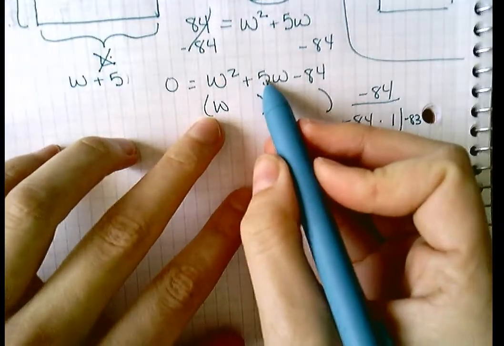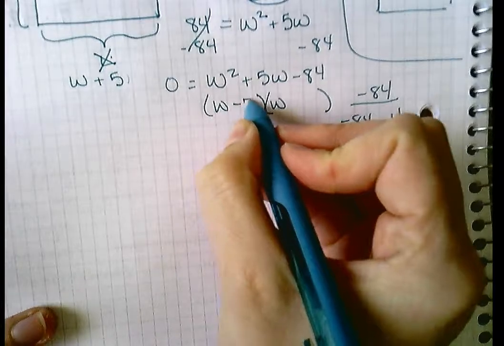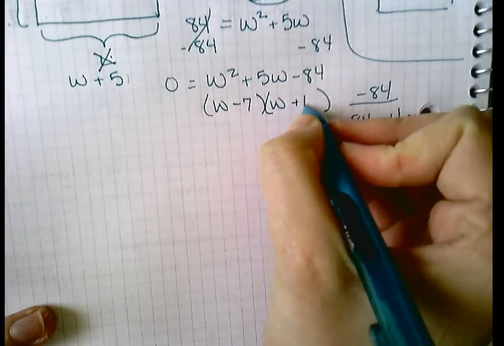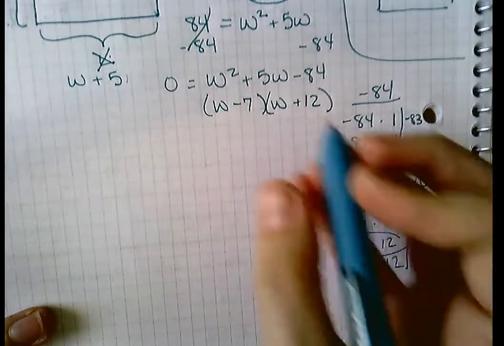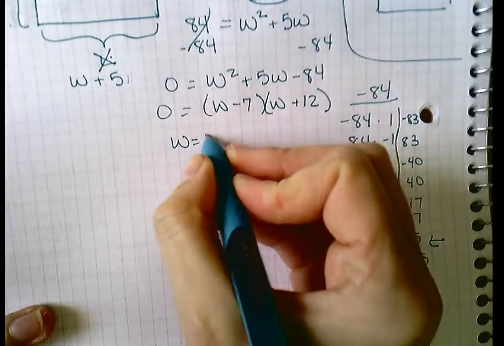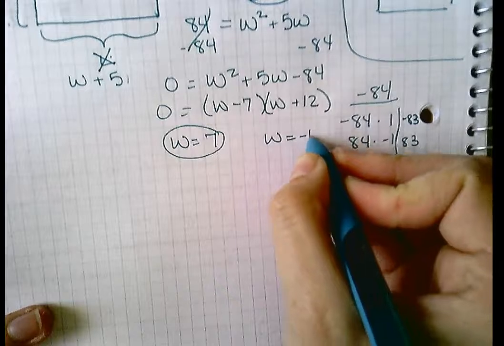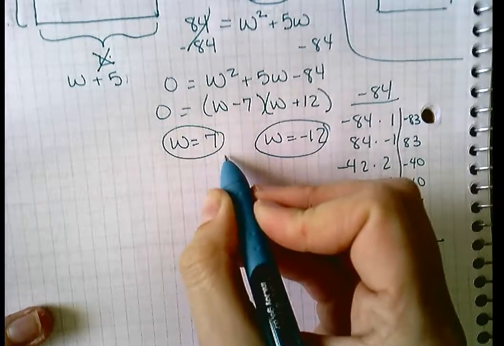We're looking for the one that adds up to 5. And positive 12. And then you set these equal to 0 and solve. I'm going to skip that step because it's going to be busy. When you solve, you'll get these two answers.